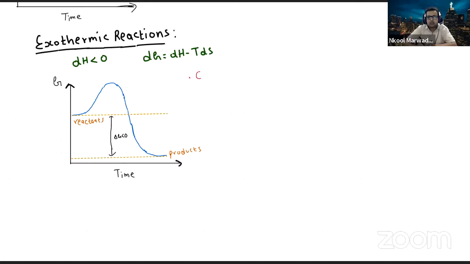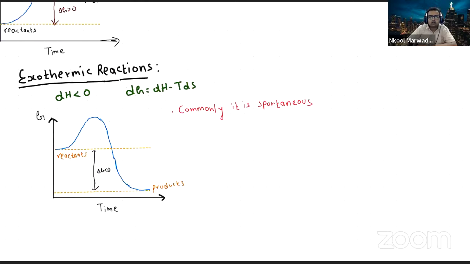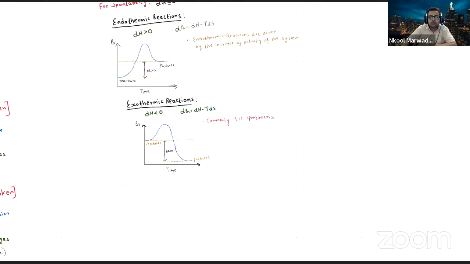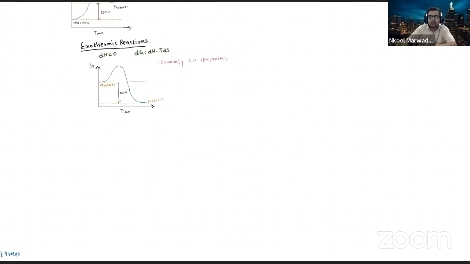Commonly it is spontaneous. So this is also clear. Now we will discuss one more very interesting scenario. Let us see here also. Equilibrium. What happens at the equilibrium?